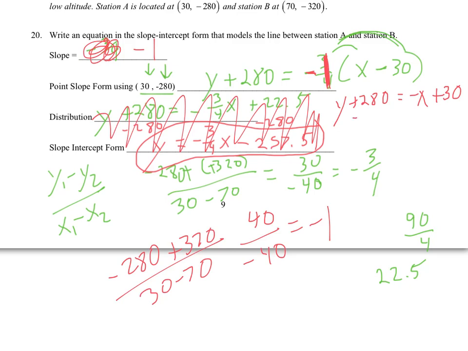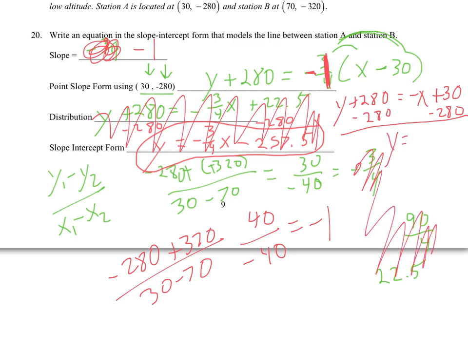Now I'm going to isolate it, put it in slope-intercept, so minus 280. And we should get y equals -x minus 250. I'm sorry about that. But that is how it should look.